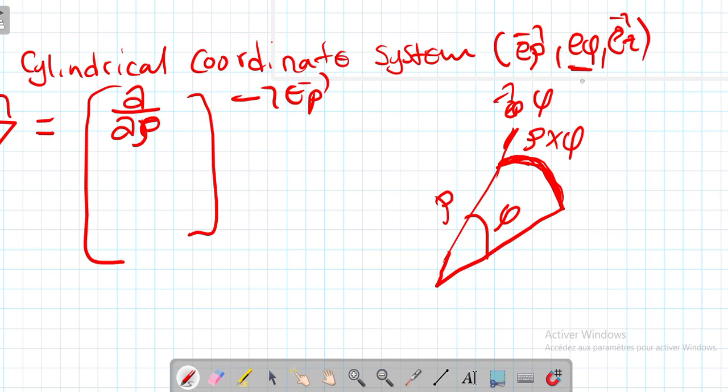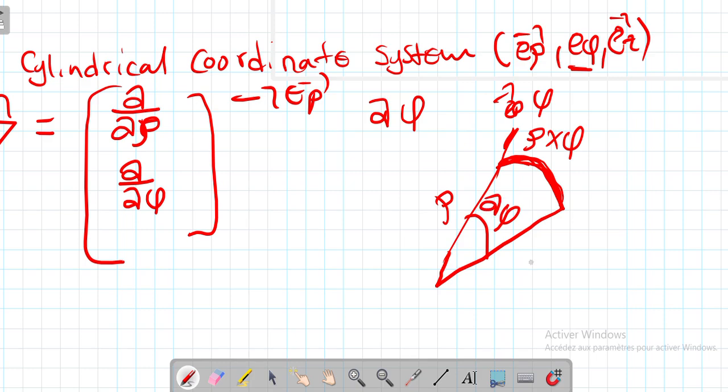But here's the trick. When you come to e phi, phi is the angle. Therefore, you say the partial derivative with respect to phi, of course. Then you multiply by rho, because del phi is a smaller change in the angle.